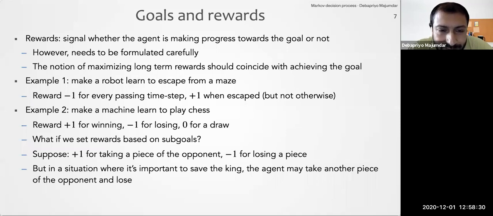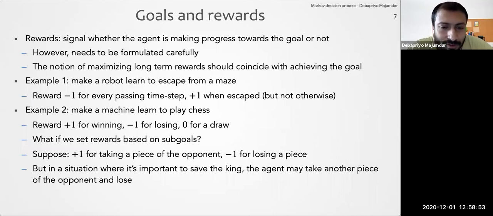But the agent doesn't know that. The agent wants to maximize the reward, and even at the cost of losing the game, the agent may actually take another piece of the opponent, right? So this can happen if winning and losing is not extremely emphasized in the reward system, because that's your goal.